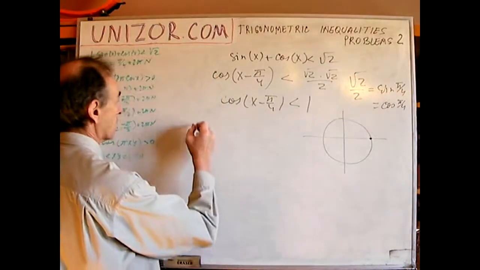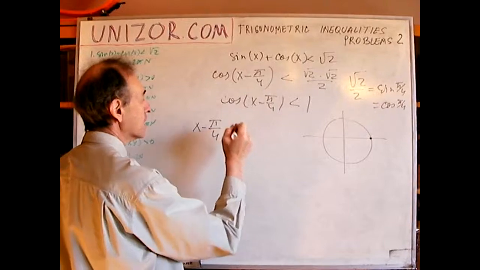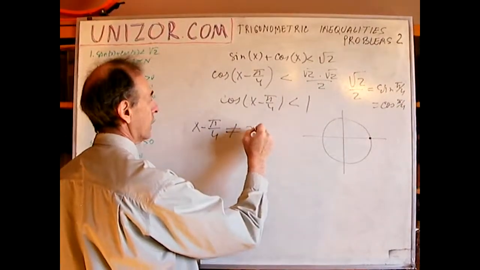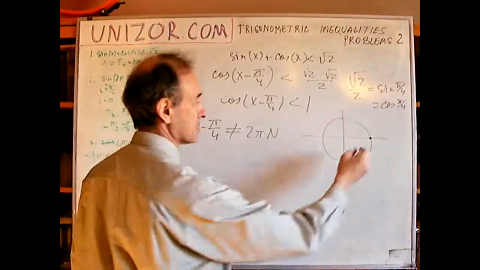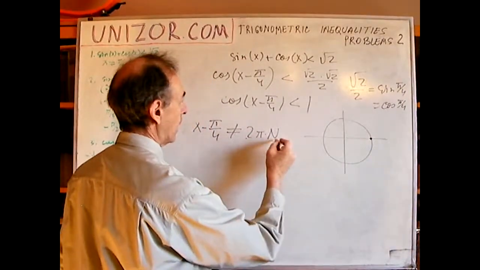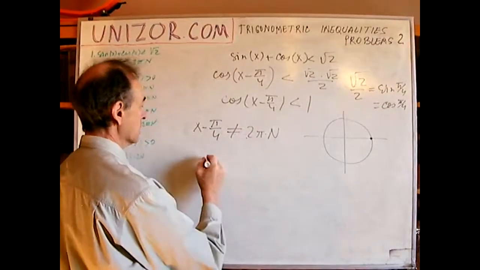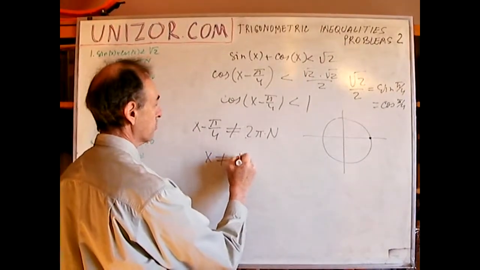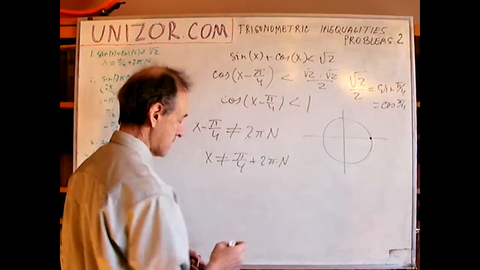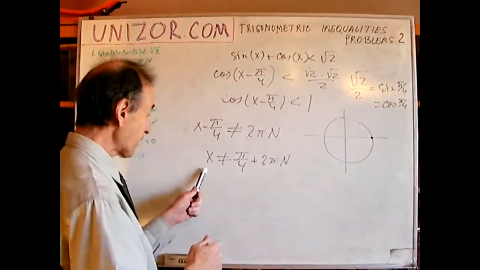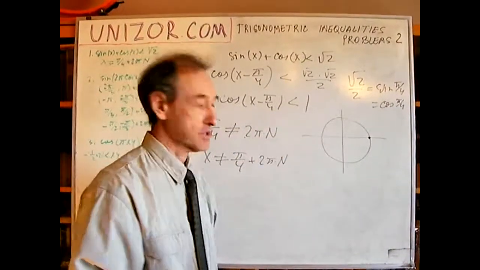So, x minus pi over 4 should not be equal to 2 pi n, where n is any integer number, because these 2 pi n is exactly this particular angle, which means that x should not be equal to pi over 4 plus 2 pi n, where n is any integer number, and any other x but this one would satisfy the inequality.